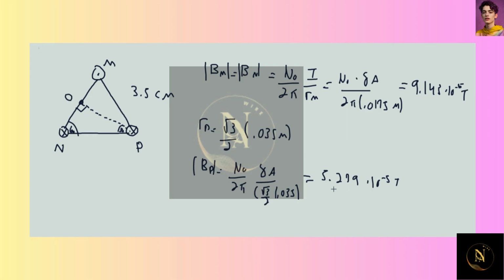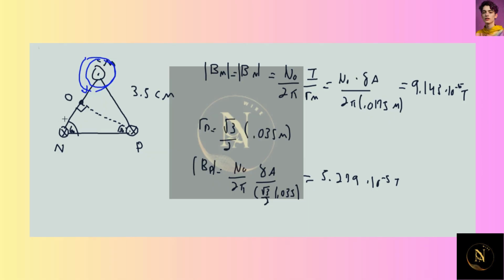So now we want to look at the directions here. Just using the right-hand rule on wires M and N, we point our thumb along the direction the wire is going and then curl our fingers around. We can see they're both going to be pointing in the same spot. M will be making field lines like this, and they'll be going this way, making a right angle at this point.